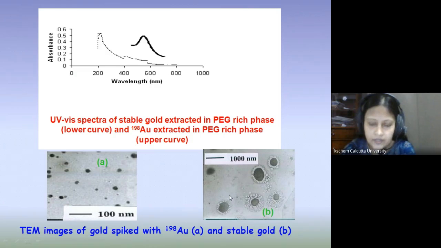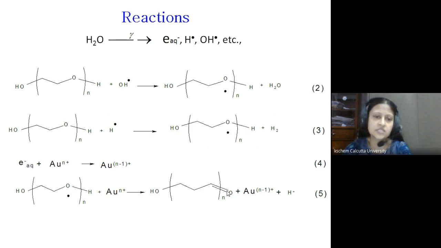So it was evident that radiations converted the gold to nanoparticles, and the reason was that gamma radiations caused radiolysis in the solution, causing hydrated electrons and hydrogen and hydroxyl free radicals, which propagated through the polymer chain of polyethylene glycol and finally reduced the cationic gold to gold zero, which agglomerated into gold nanoparticles.